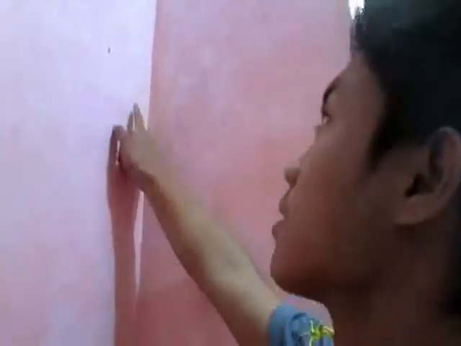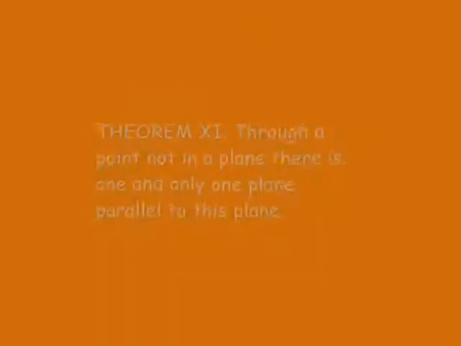So we can conclude that the line is perpendicular to the plane above, and also these intersecting lines are perpendicular to the line. Then the plane above is parallel to the plane of these two intersecting lines. So Theorem 10 is therefore proved.